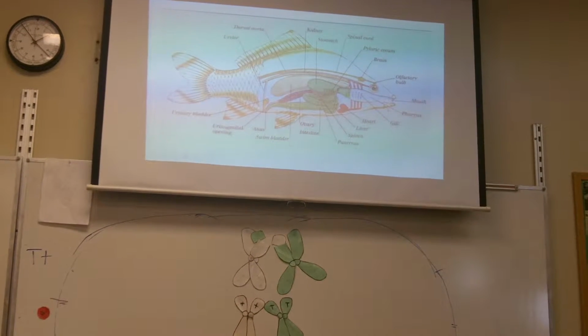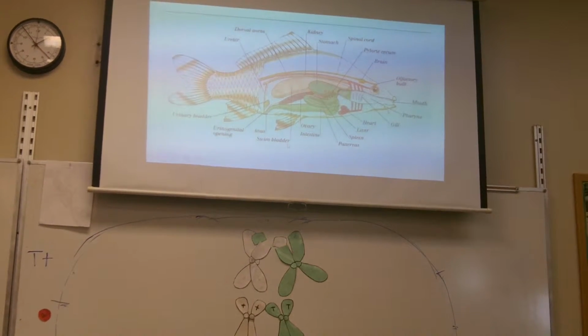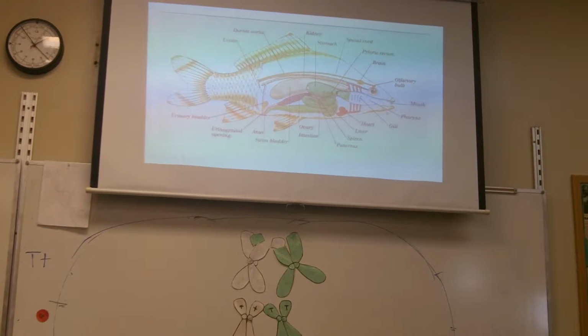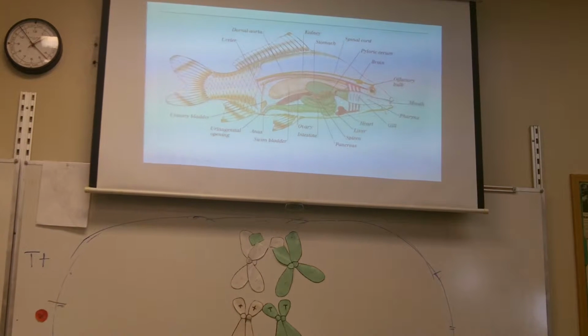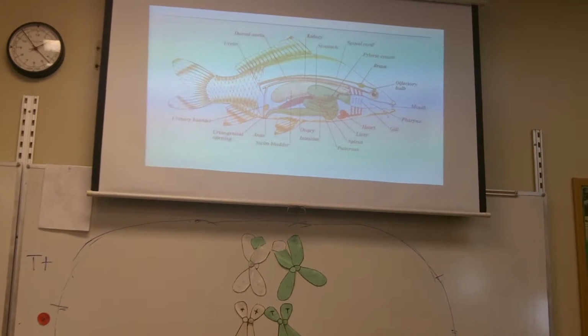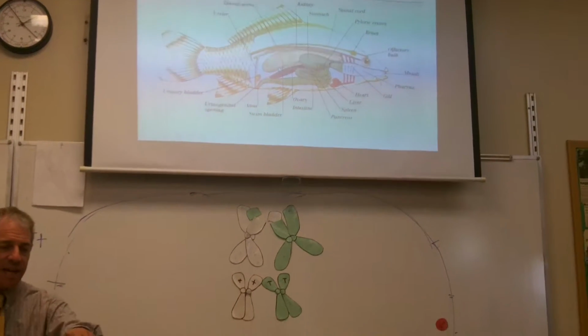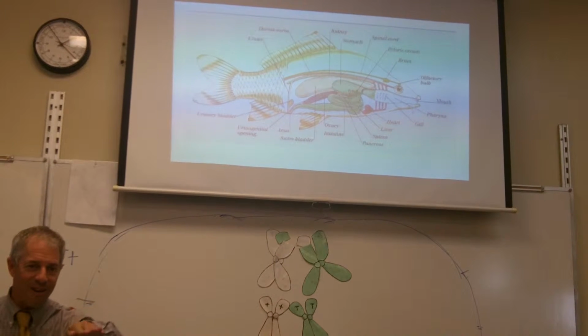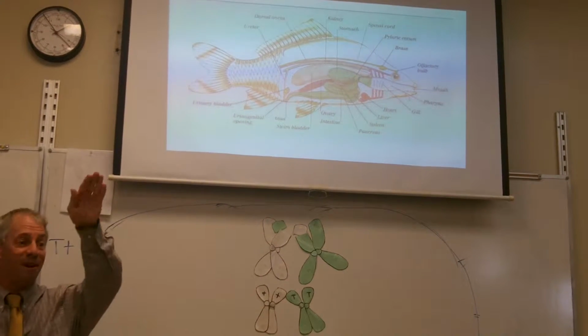One of the things they have inside of them that's real important is the swim bladder. The swim bladder is a big container of air. And that helps the fish become buoyant, helps them float in the water. If you've ever watched a fish in a fish tank, it can rise up in the water and it can go down in the water without really swimming up or swimming down.